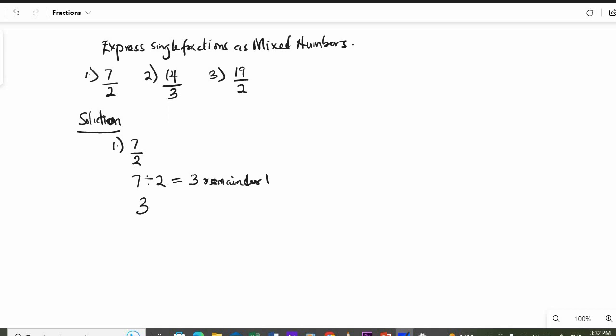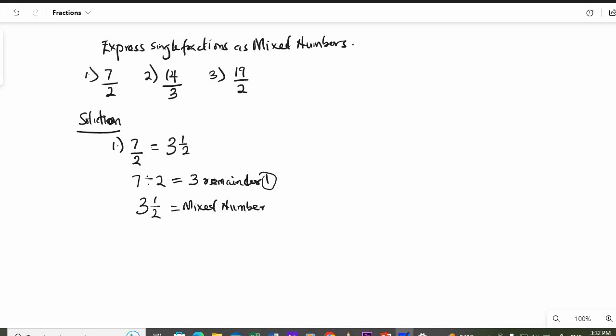Okay, and then we simply rewrite the denominator here, and then we take the remainder, which is this one right here, as our numerator. So now we have fully gotten our mixed number. So we say 7/2 is equal to 3 1/2.